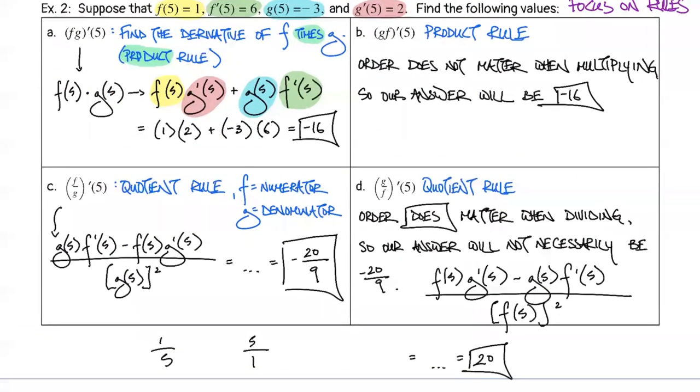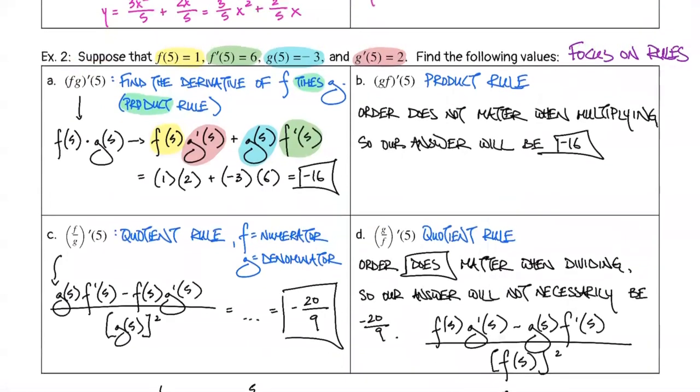So a few main takeaways here. We can often tell by the way the question is set up what rule we want to use. Second, it's okay if we don't have the actual functions. Sometimes we just have specific points that we're interested in, and with those points, we should always plug in the points at the very end rather than at the beginning.